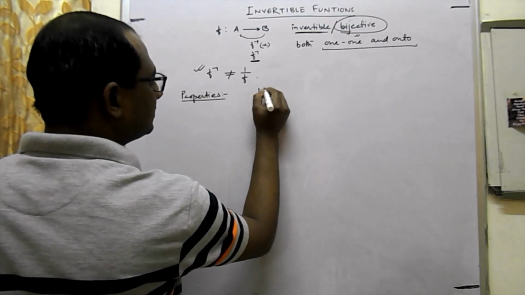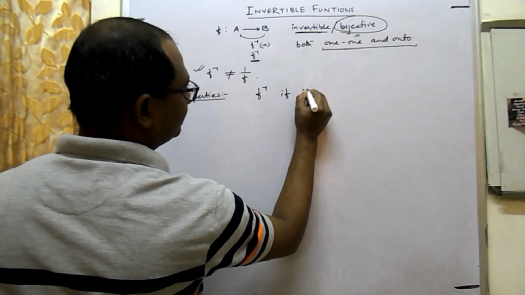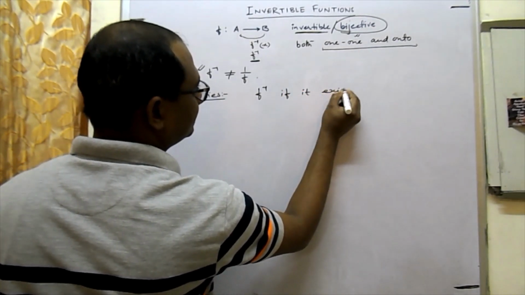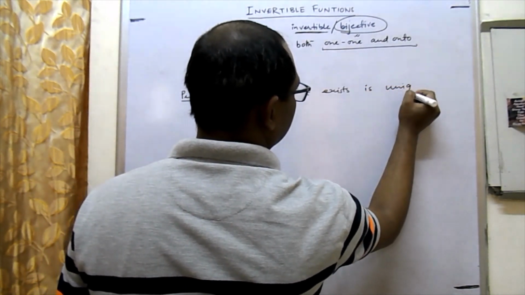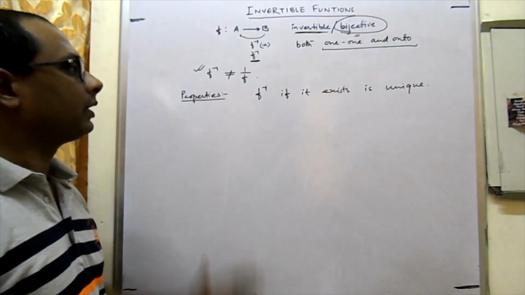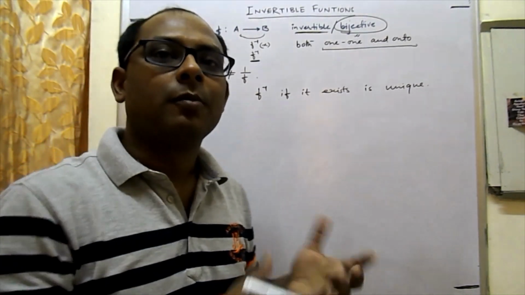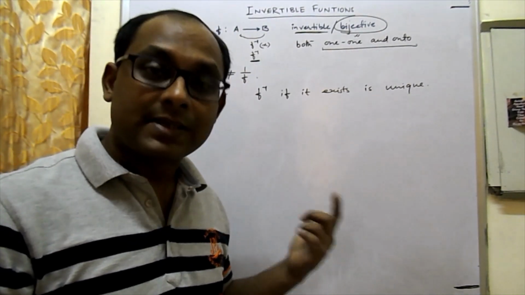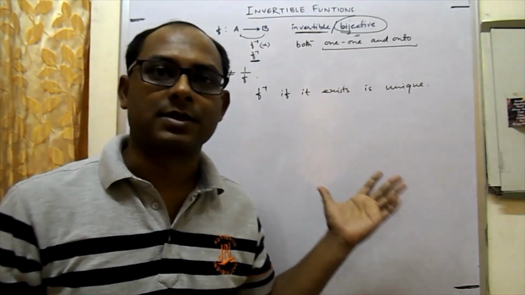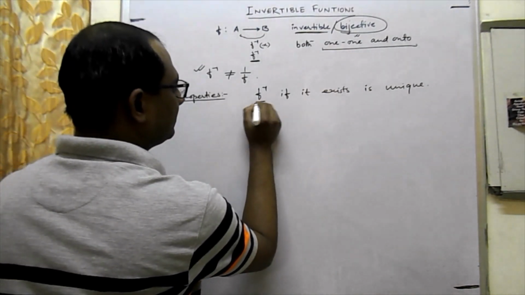F inverse for a function f, if it exists, is unique. That means there cannot be more than one inverse for a single function. So f inverse is unique.